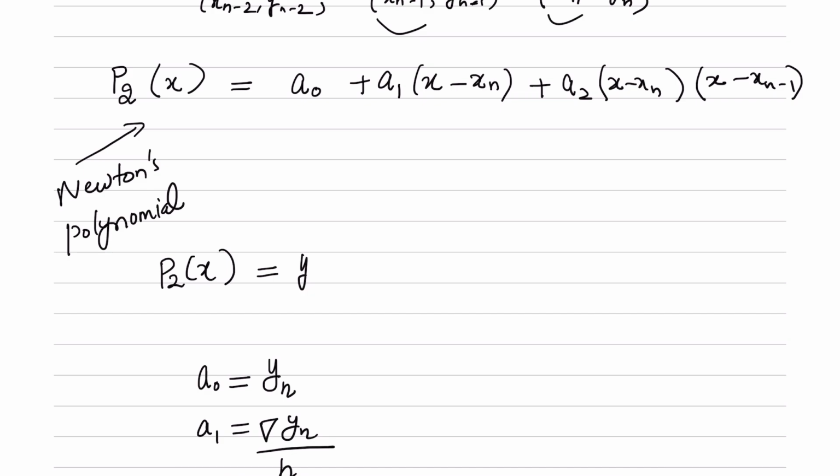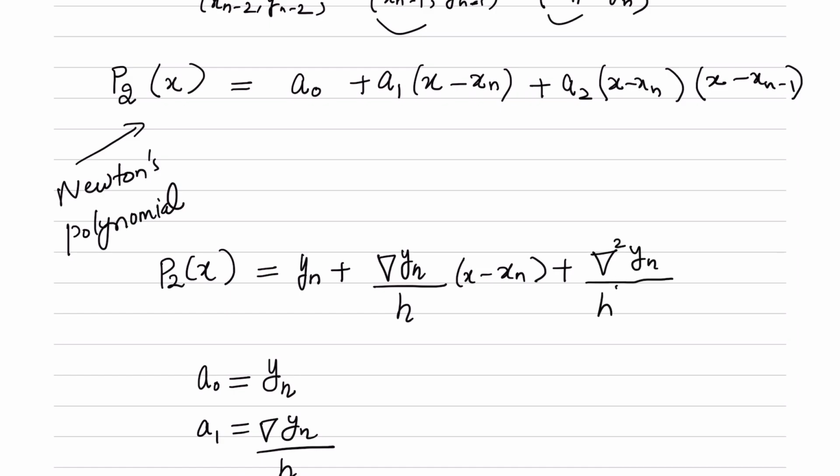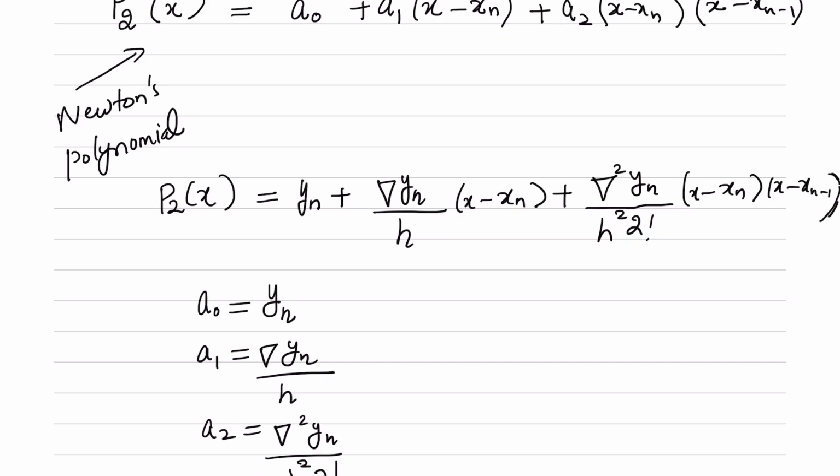So a0 is yn, plus a1, backward yn over h, times x minus xn, plus a2, backward square yn over h square 2 factorial, times x minus xn into x minus xn minus 1. So it's a 2-degree Newton's polynomial in backward difference operator form.